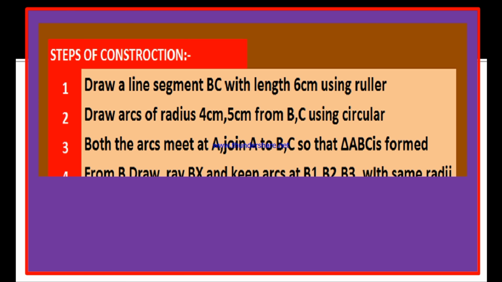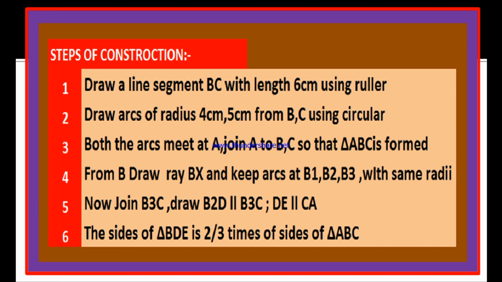The first point is draw a line segment BC with length 6 cm using ruler. Second point, draw arcs of radius 4 cm and 5 cm from B and C using compass. Both the arcs meet at point A. Join A to B and C so that the triangle ABC is formed.